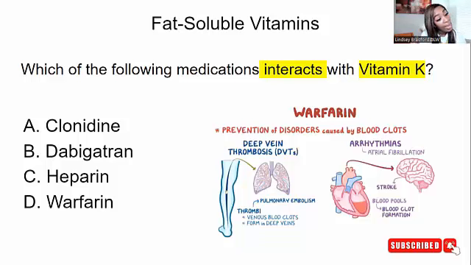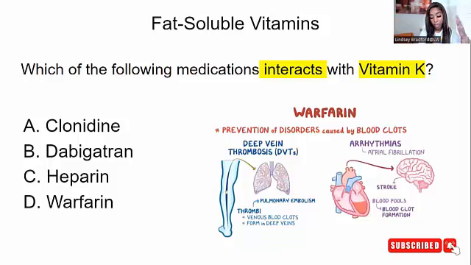Okay. So when I look at this, it talks about warfarin. Now it says warfarin is a prevention of disorders caused by blood clots. So warfarin is a drug. It's an anticoagulant. You can write that down.